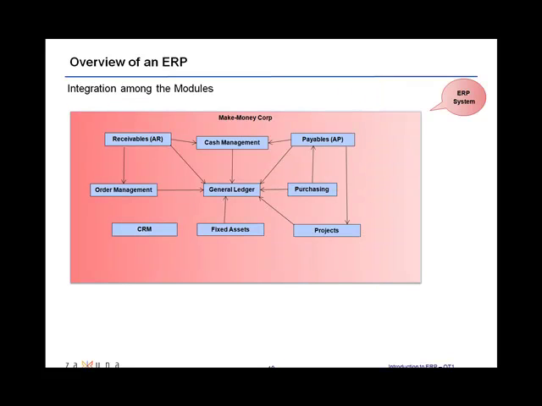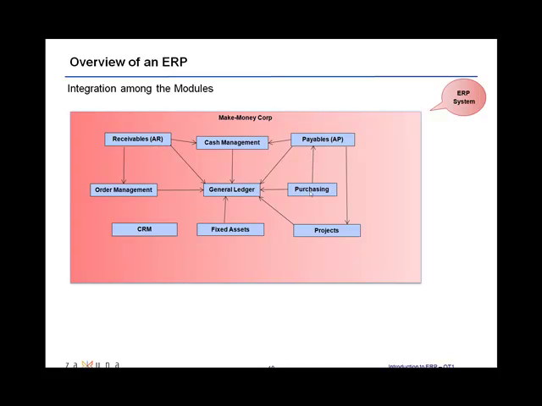As we talked about integration, an ERP system is an integrated system. So the information flows from one module to the other based on the business flow. In this example, you would see the information from purchasing flows into payables.